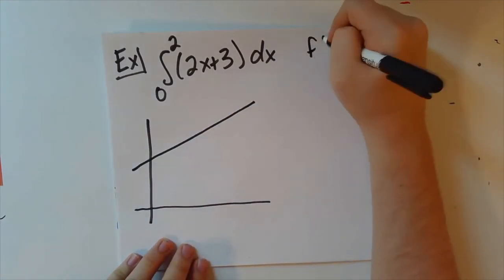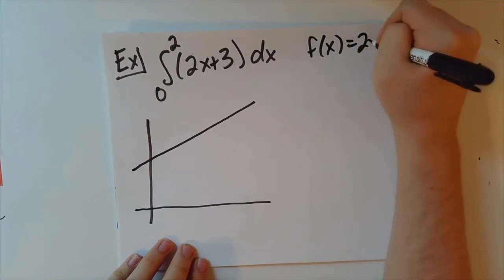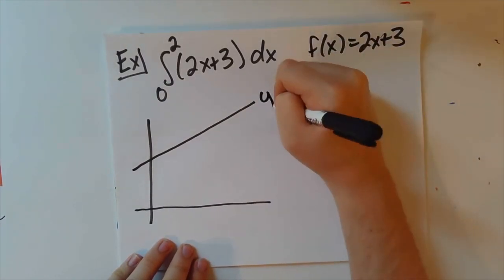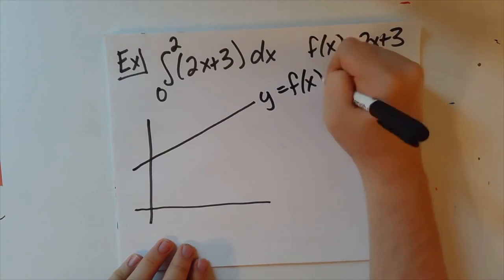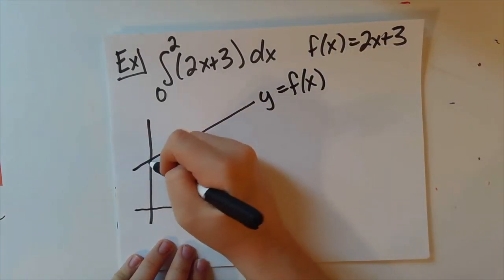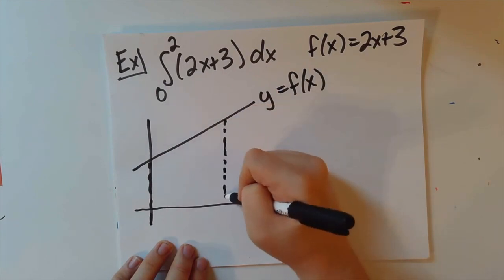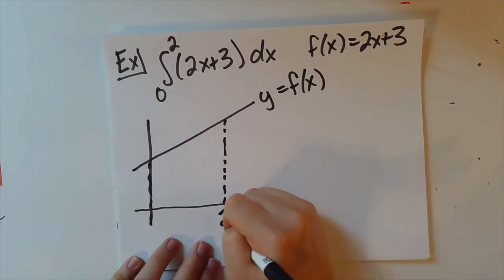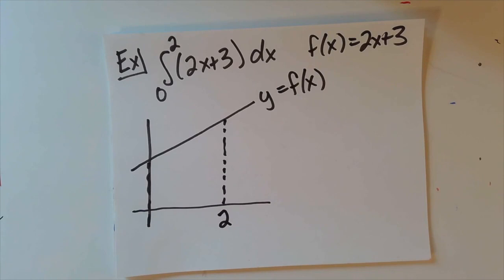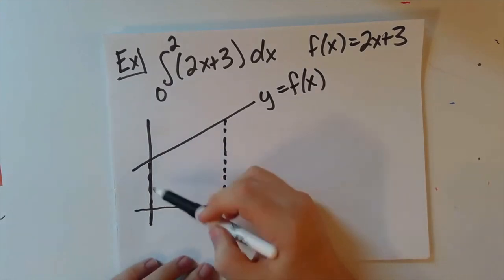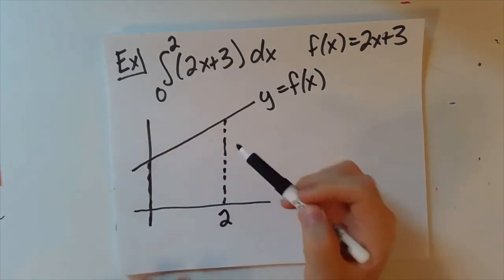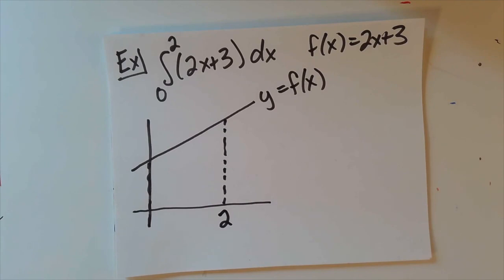So if I, again, let f of x be 2x plus 3, this is the graph of f of x. Okay. Here's 0, and then we'll go ahead and put 2 over here somewhere. Okay. And so the area of this thing is what I'm looking for.